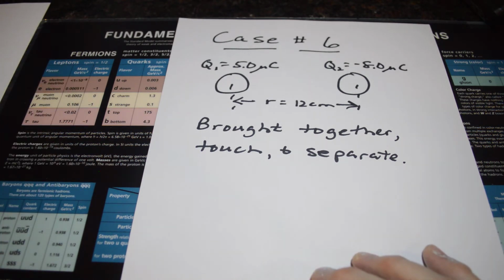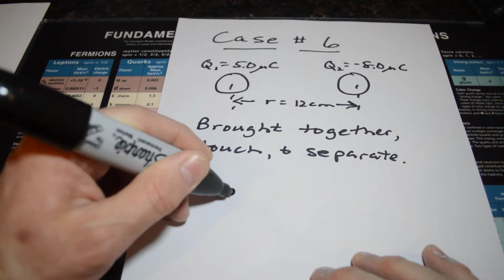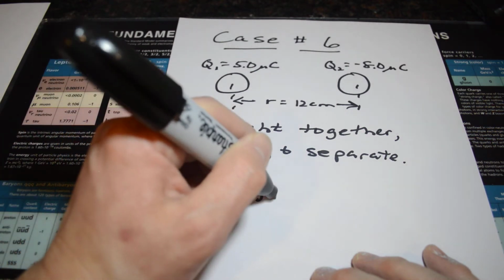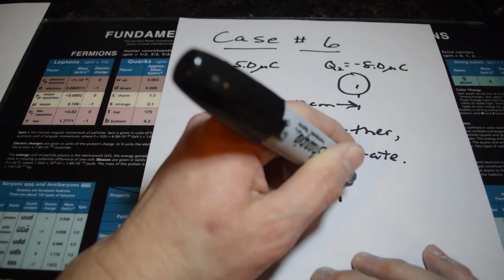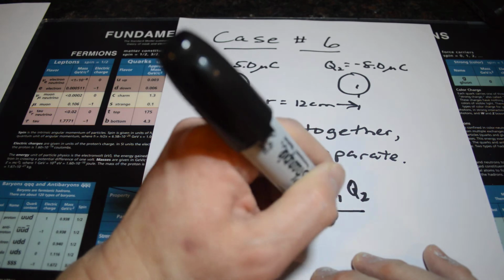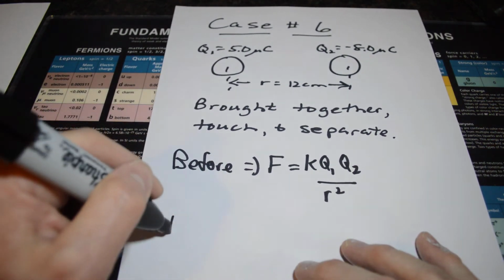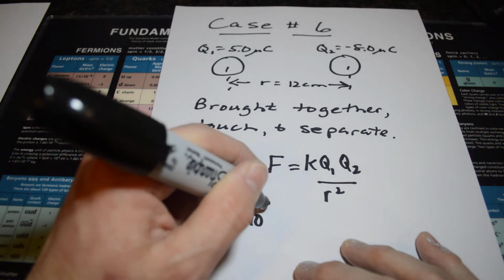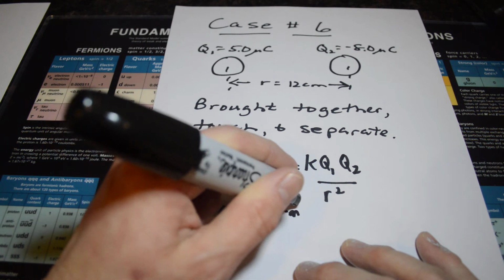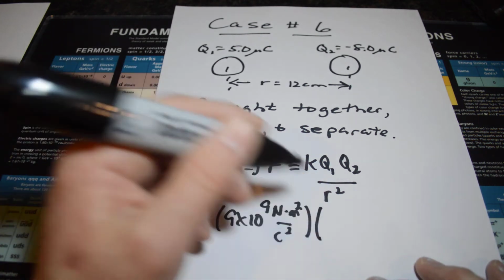Well, it asks you to do it before you touch them. So in this case, we're actually going to put in our numbers for K, Q1, Q2 over R squared. So if I give myself a little bit of space here, K is 9 times 10 to the 9th. The units of K are Newton meters squared over Coulomb squared.